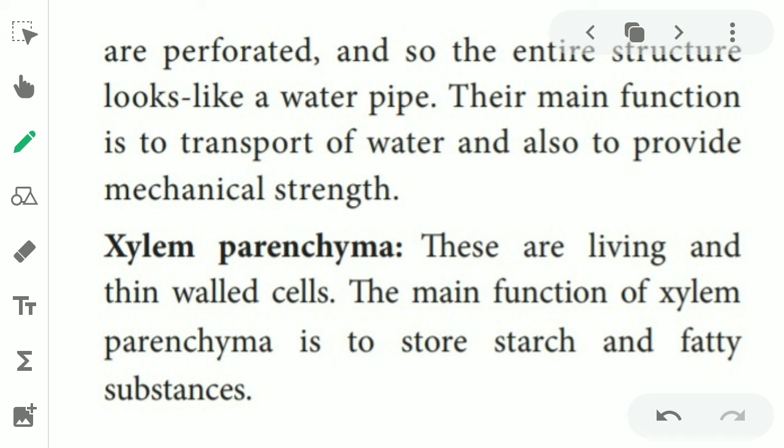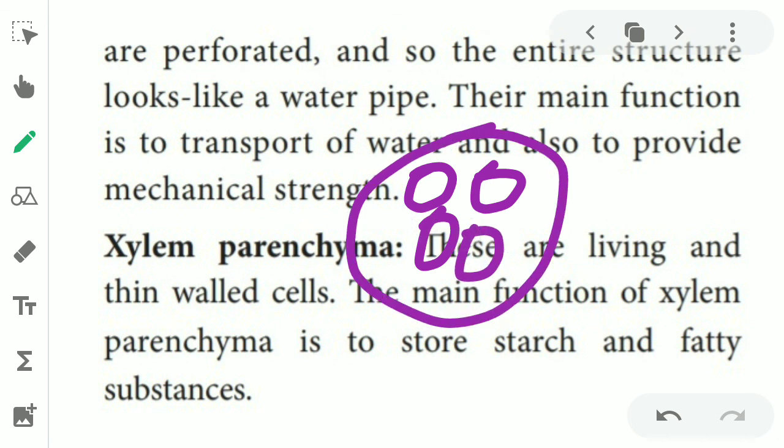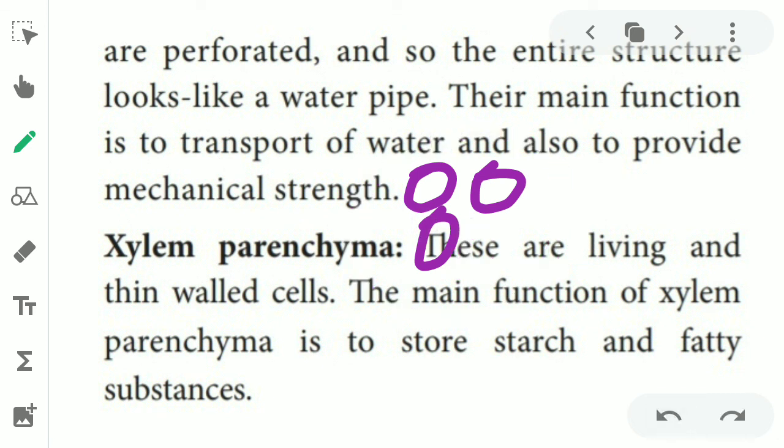Perforated means small holes, pores are present, so the entire structure looks like a water pipe. Their main function is the transport of water, and they also provide mechanical support.